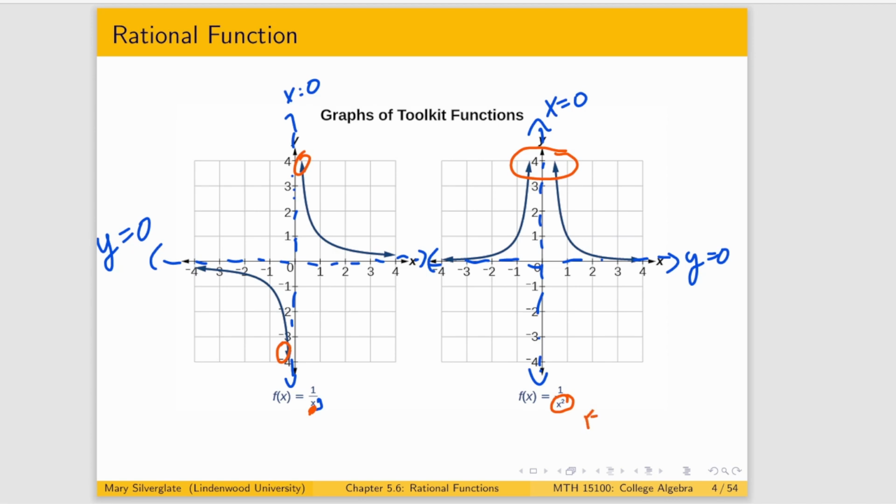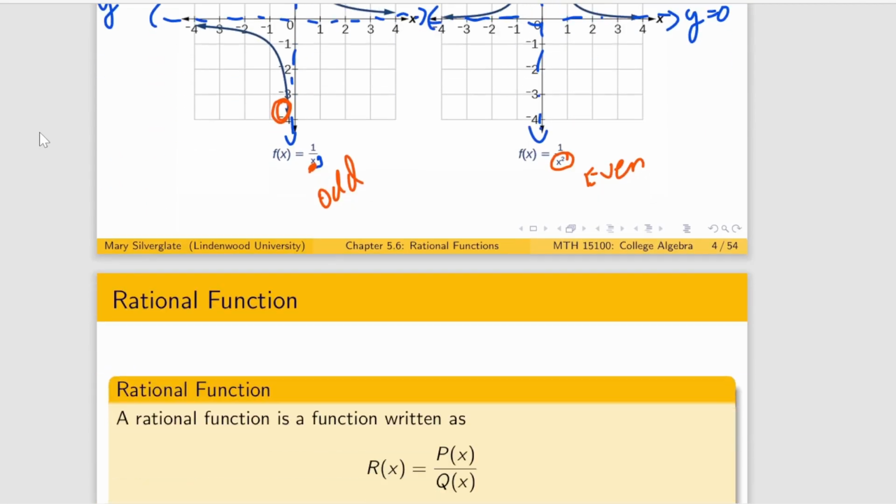So when there's an even power, that behavior looks a little bit different than when there's an odd power. We're not going to go as deep into the difference between even and odd with rational functions as we did with polynomials, but it is still something that's nice to keep in the back of your mind, that the corresponding even part is that we have this almost U-shaped behavior around a given asymptote versus opposite direction behavior around a given asymptote for odd.